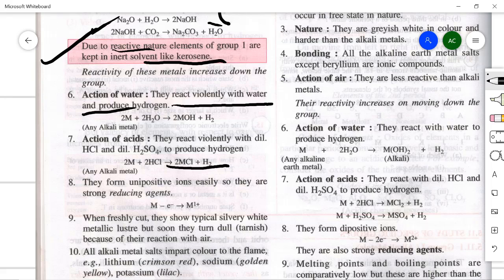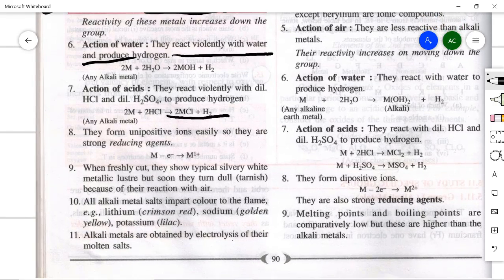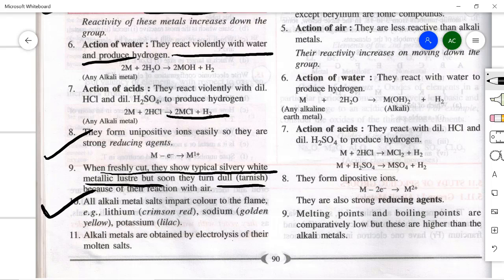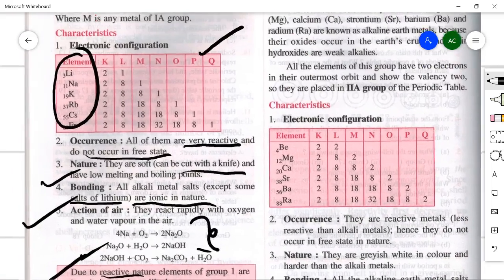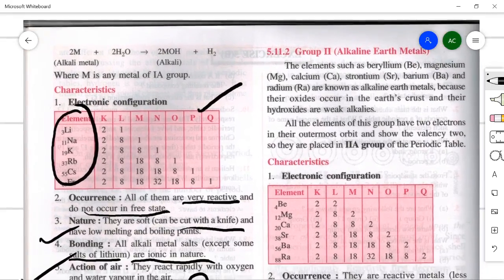With acids they produce hydrogen and form unipositive ions. When freshly cut, they show a typical silvery white metallic luster, but soon become dull because of the action of air. Flame color I have already explained, and they are obtained by electrolysis of their molten salts. You can get sodium by electrolysis of sodium chloride.